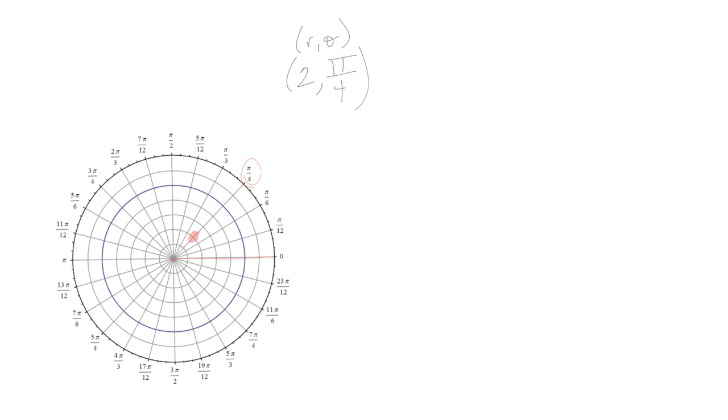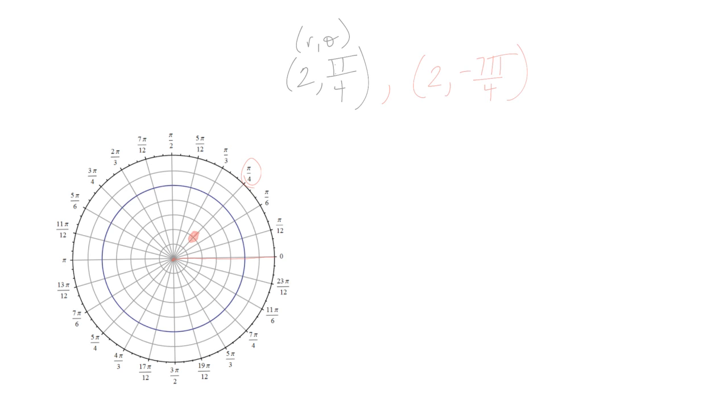You're probably already thinking that this point could be written a ton of different ways, and it could. Another way we could write this point is going the other way, with a negative angle instead of a positive angle. Then the point would be 2 comma negative 7 pi over 4.